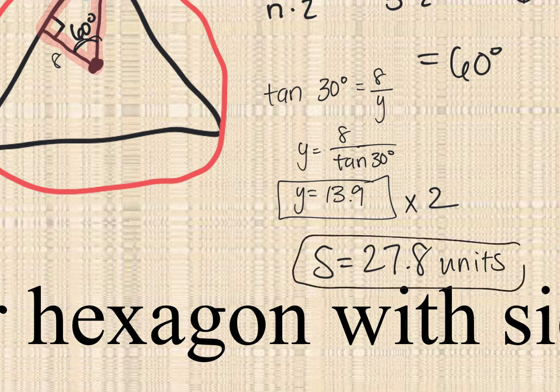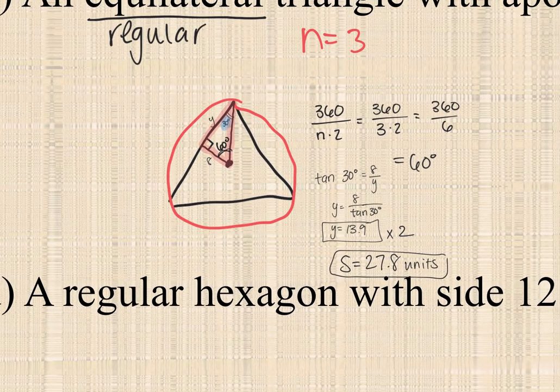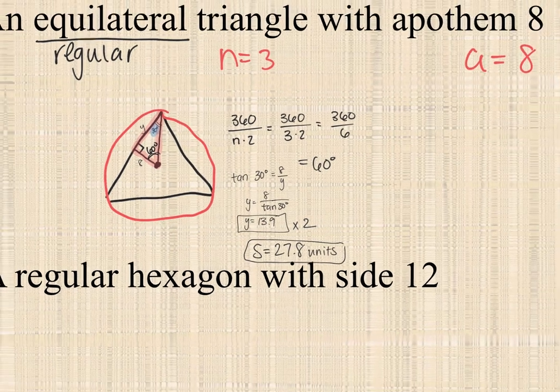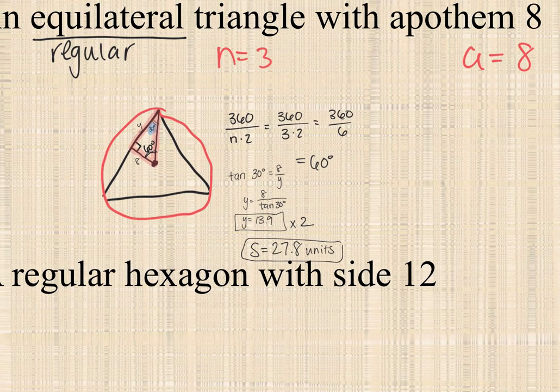Once we find the side, we have enough information to solve this, okay? We have n, we have a, and we have s. The perimeter is going to be n times s, which will be 3 times 27.8, which is 83.4 units.